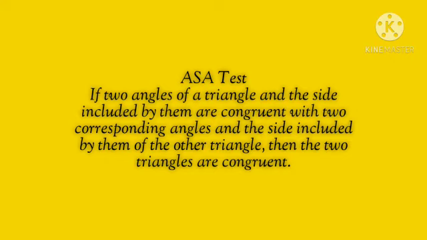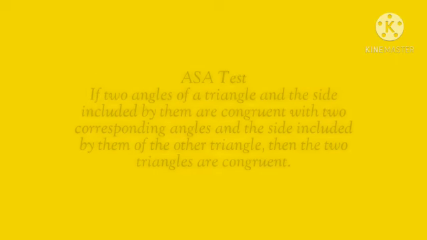Now, ASA test. If two angles of a triangle and the side included by them are congruent with two corresponding angles and the side included by them of the other triangle, then the two triangles are congruent.